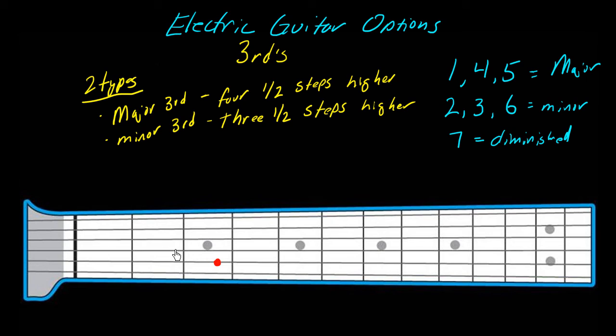So since it's a major, you're going to use this major pattern of thirds. 5 is a major chord. Once again, you use the major pattern. 6, what type of chord is it? It's a minor, so you use the minor pattern.